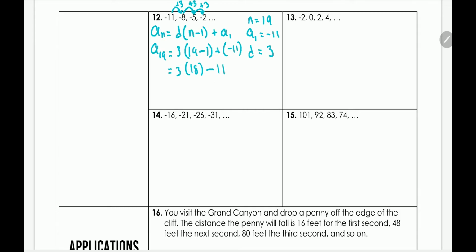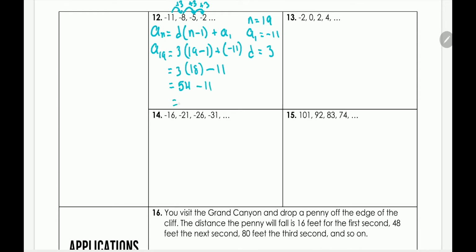Next, we have 3 times 18, which gives us, let's see, 3 times 18, that's going to be 30 plus 24, so 54 minus 11.